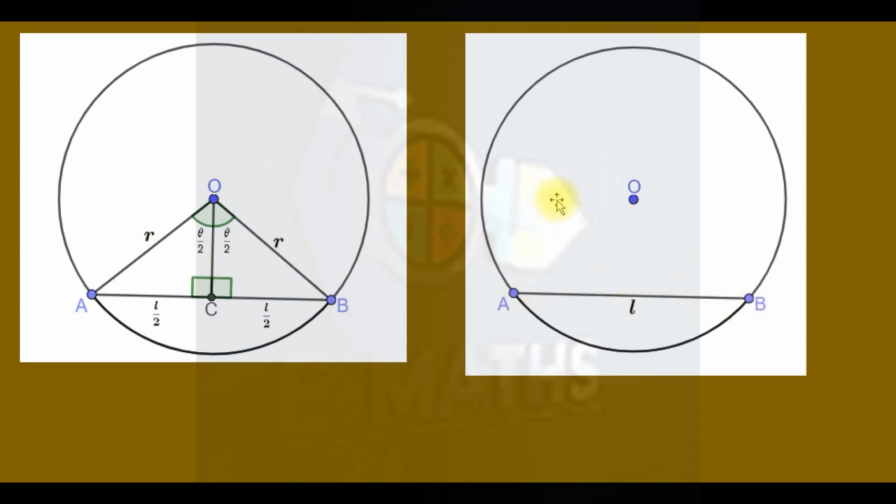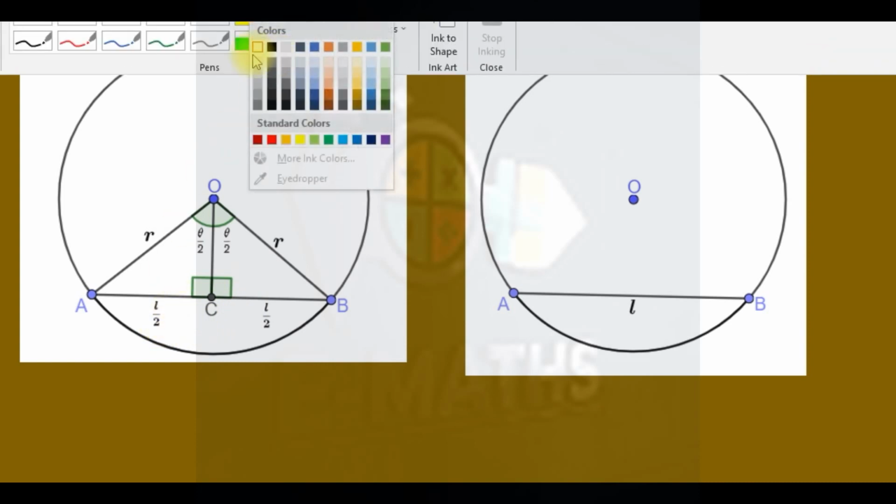So we join the radii, and as you can see, we form an isosceles triangle. One characteristic of an isosceles triangle is that the height is a perpendicular bisector. So it has bisected the angle theta to give half theta. Our main aim is to get an expression for L.